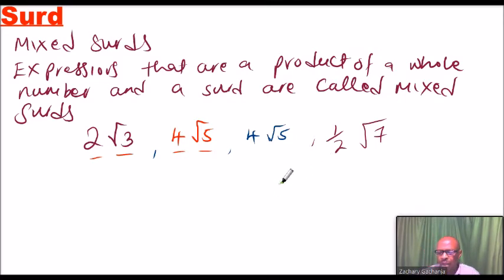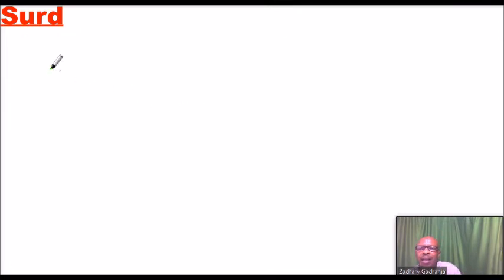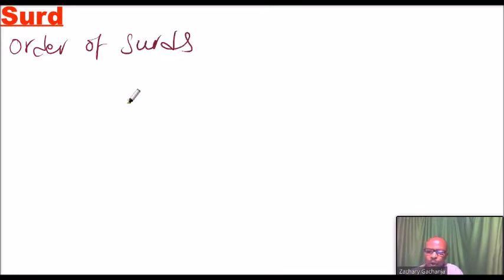From there, we are going to look at the order of surds. So what is order? When we write the square root of a number, for example the square root of 2, we don't put anything here. But ideally it should be written with a 2 to indicate the square root of 2.